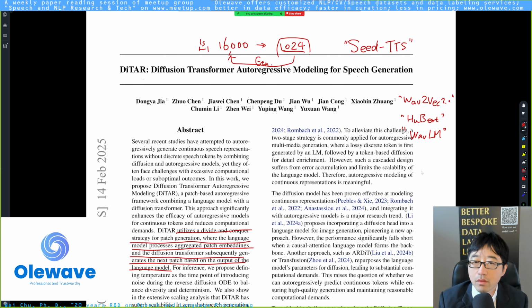So before this work, people usually used two-stage strategies.